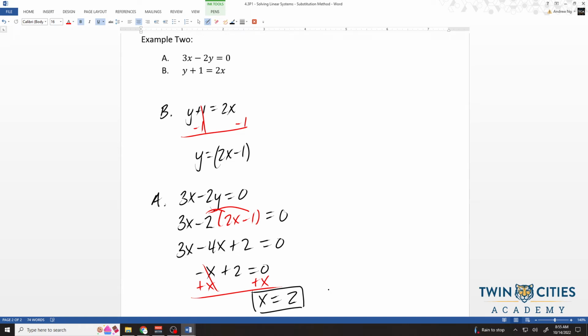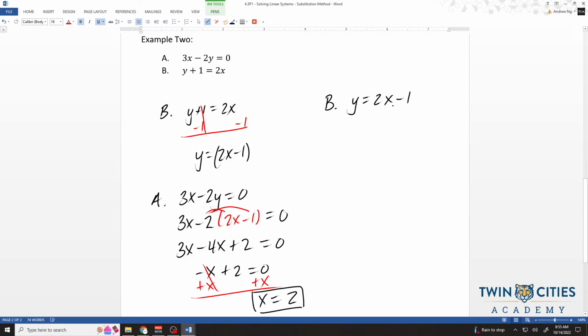So let's go back to b. I could plug this in right here and say y plus 1 equals 2 times x. Well, x equals 2. Or, since I kind of moved some things around, I could even use this, y equals 2x minus 1, since y is already alone on one side of the equal sign, and then plug in 2 there. So let's try that. I've got b is y equals 2x minus 1.